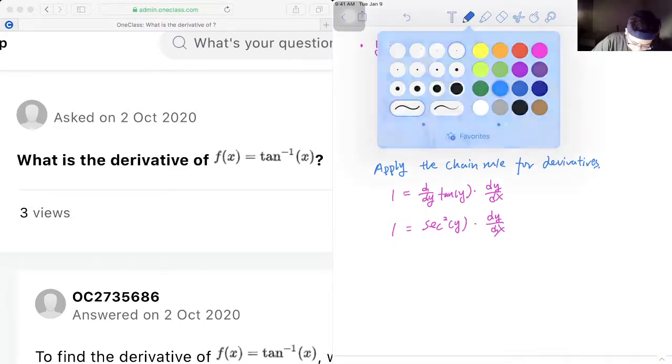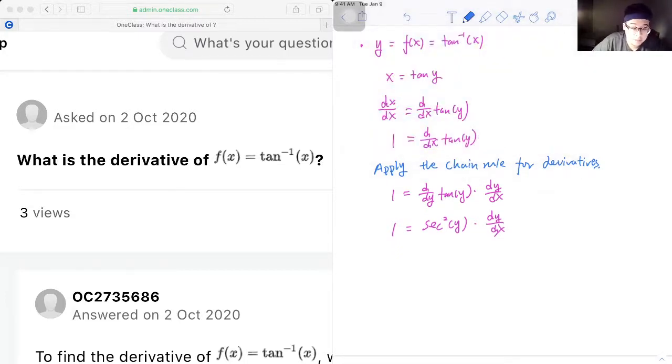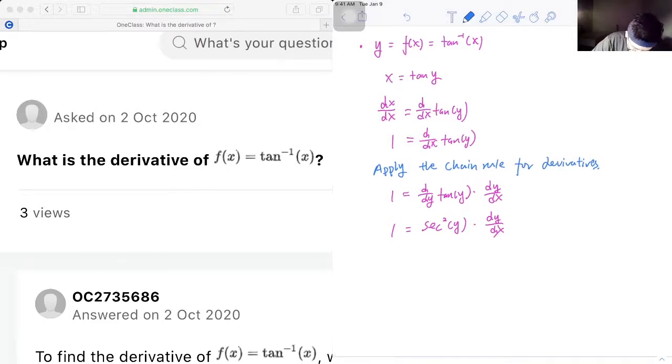And now we need to divide both sides of the equation by secant squared.